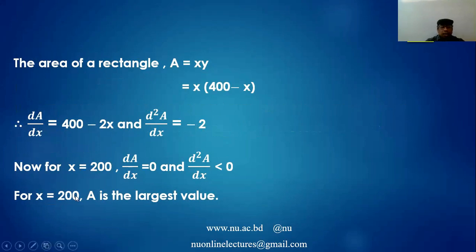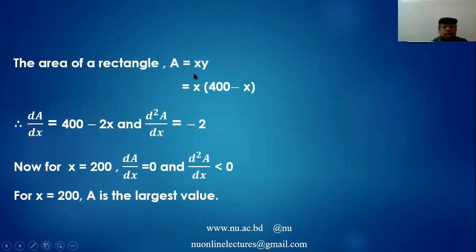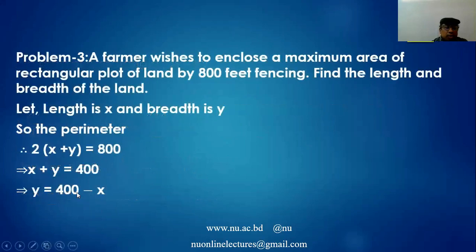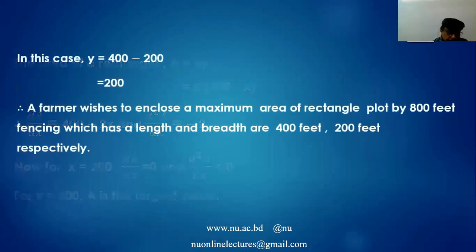To find the largest value, we substitute x here, because y is equal to 400 minus x. Look here, y is equal to 400 minus x. That's why we will put the value here, and when we put the value here, we get 200.